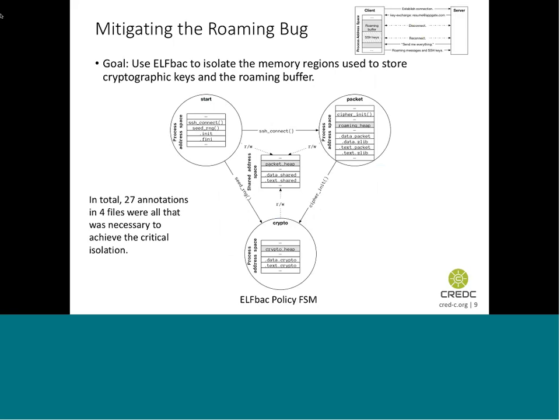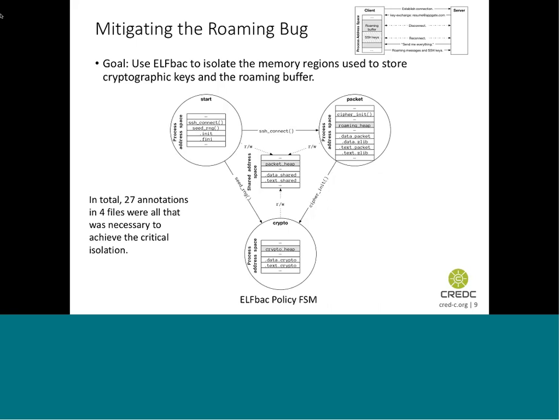The way we do this, going back to a finite state machine, was to look at OpenSSH and try to determine how we could isolate these different sections. And we're not saying that this is the only way, but a very simple way was just to say that cryptographic code and network code should be in separate states. That is, the memory that they operate on should ideally be separate. The code that they're running should ideally be separate.